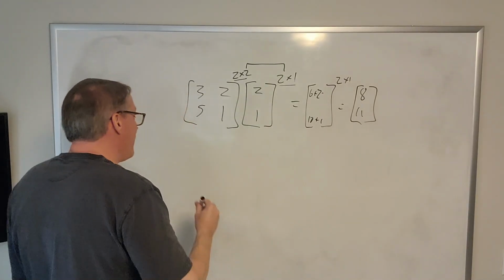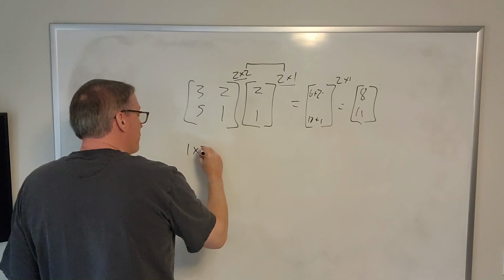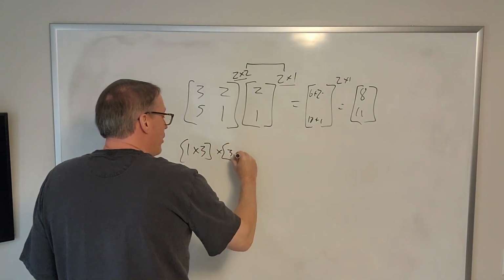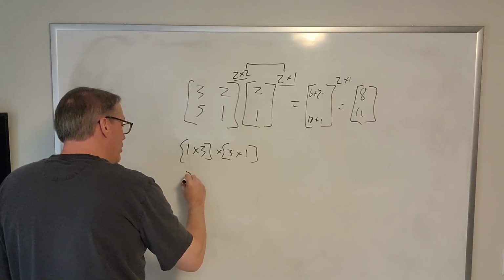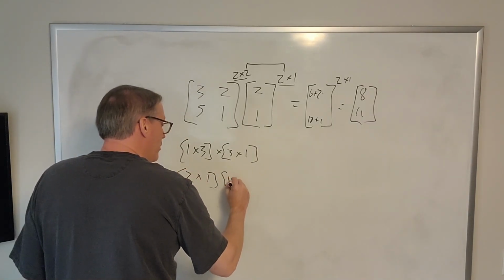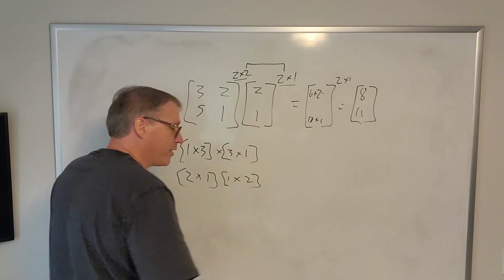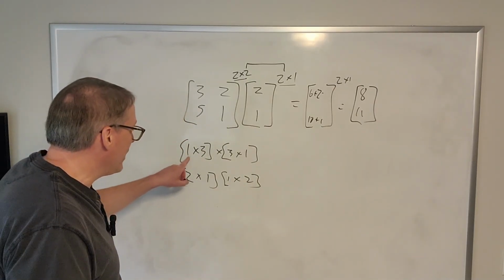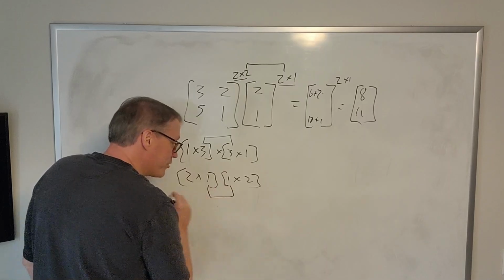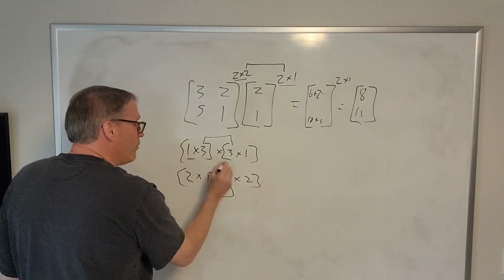And then of the ones that are left, you'd have, say, a 1 by 3 matrix times a 3 by 1. And then you also have a 2 by 1 multiplied by 1 by 2, something like that. Well, the end result of this one, yes, you can multiply this because these 3's are the same. You can multiply this, these 1's are the same, but this is going to end in a 1 by 1 matrix.